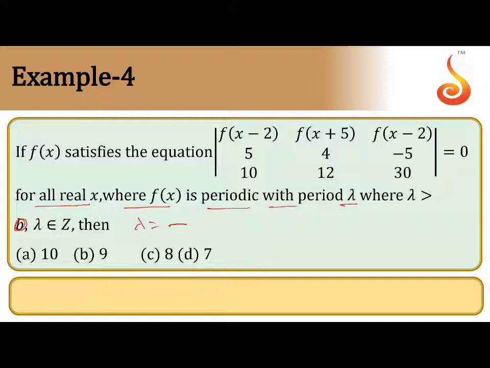Before going to solve the question, the problem is very simple, but you should know the definition of a periodic function. So I'll give the definition briefly.